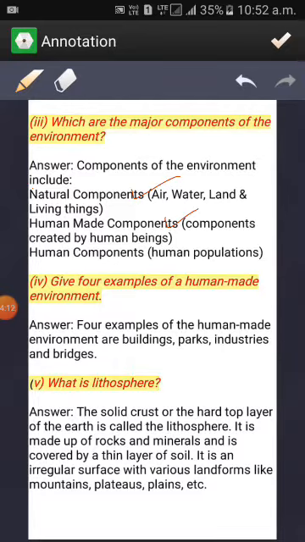Natural components include air, water, land, living things, while human-made components include roads, buildings, bridges, etc. These are what we see in our surroundings. Right?